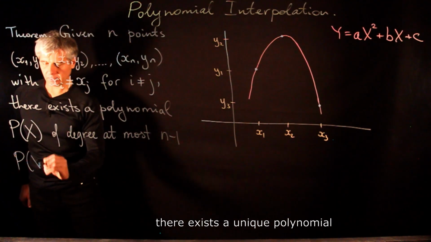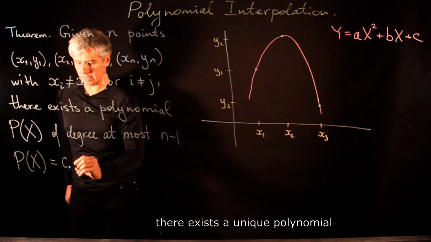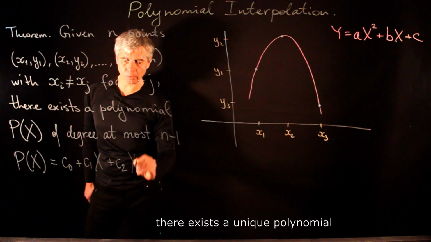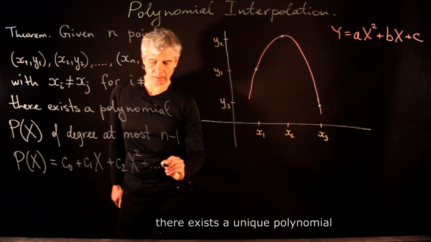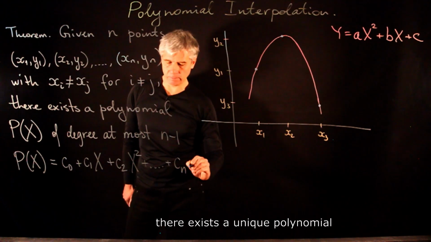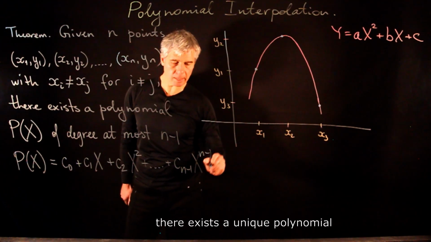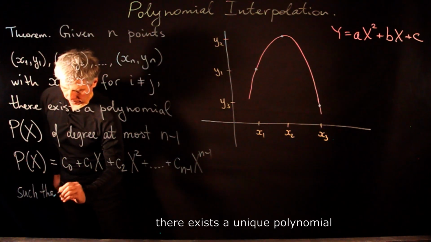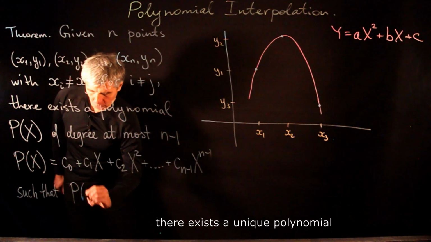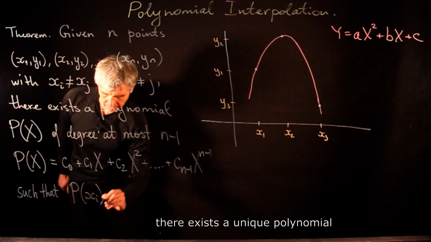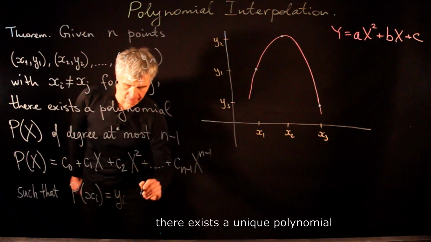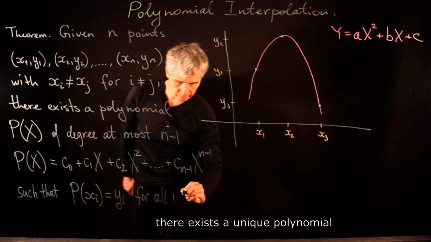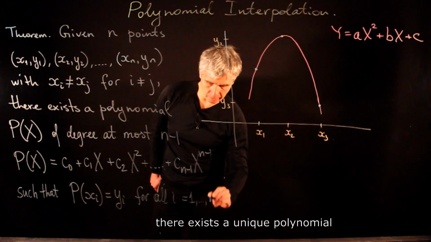So p of x is equal to c0 plus c1x plus c2x squared plus ... plus c(n minus 1) x to the n minus 1, such that the value of this polynomial at the point xi is equal to precisely yi, for all i from 1 up to n.